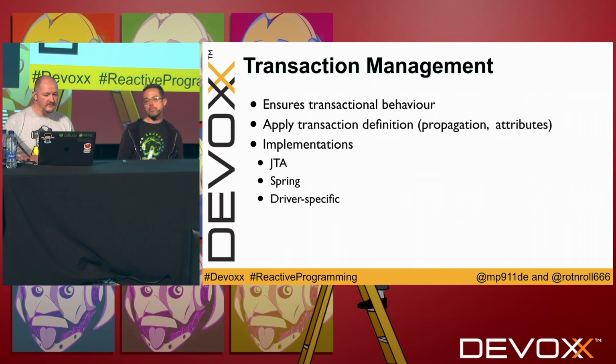So instead of doing all this manually yourself, what we want to do is explain to some component what the properties of your transaction should be, what the transactional behavior should be, and how we want to propagate the transaction if you deal with multiple resources. All this is called transaction management. A transaction manager applies the transaction definition to your resource, to the unit of work that you are starting.